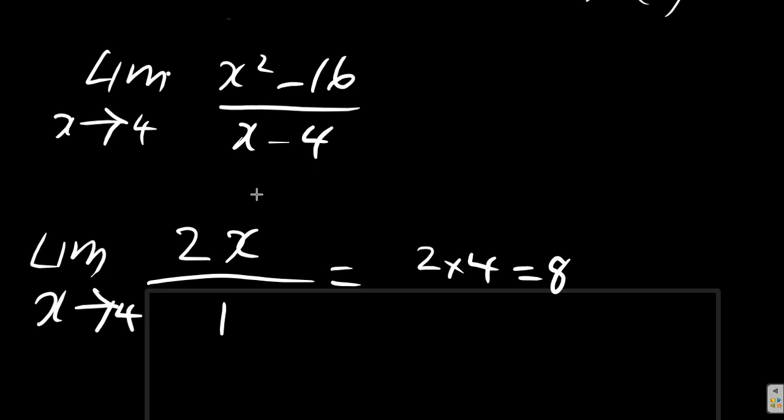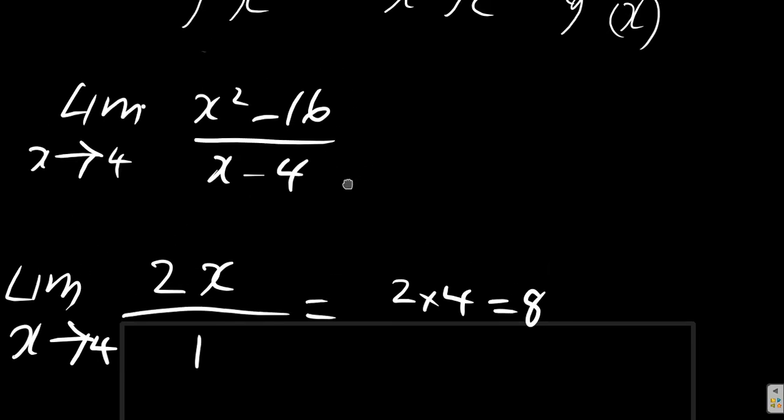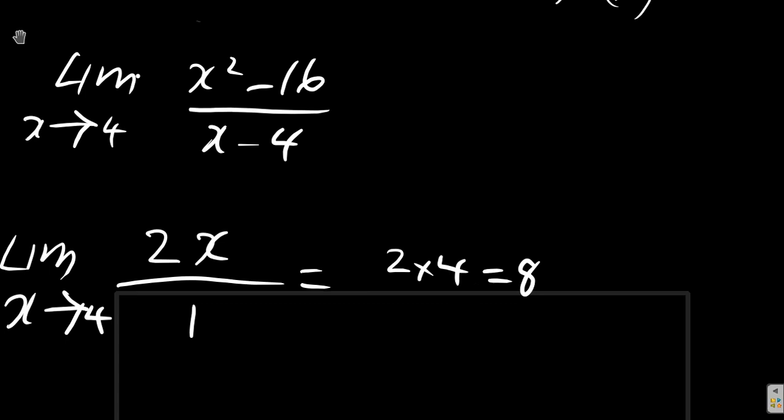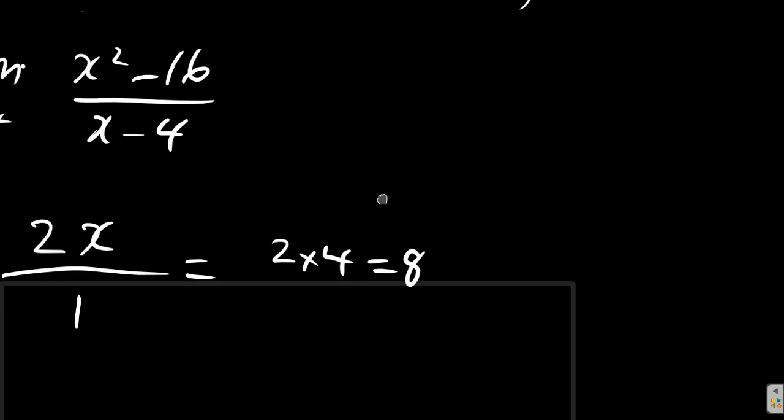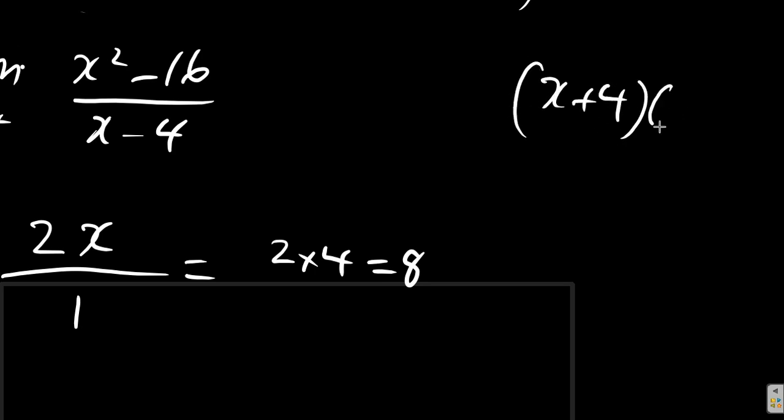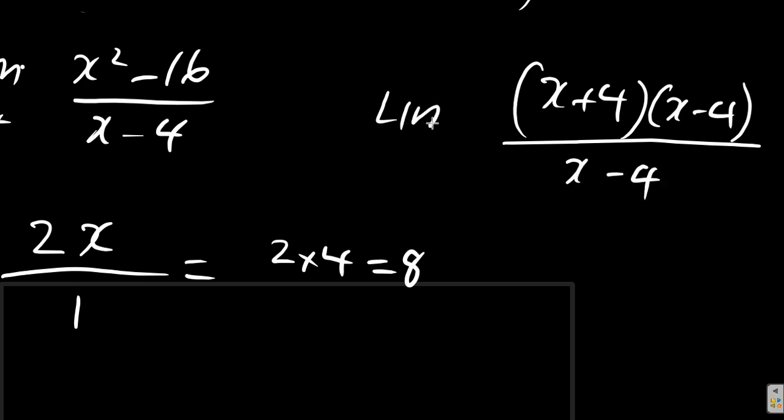But suppose we consider another method of solving it other than L'Hopital's rule. What we could do is factorize the numerator. So in this case, x squared minus 16 is the difference of two squares. So we have x plus 4, x minus 4 up top divided by x minus 4, and the limit as x tends to 4.